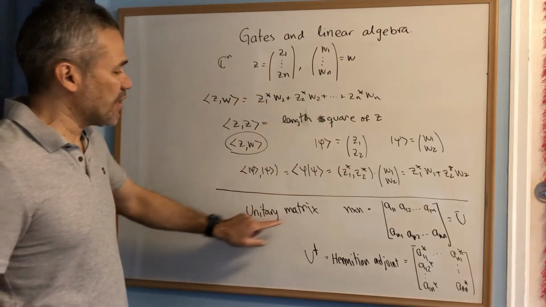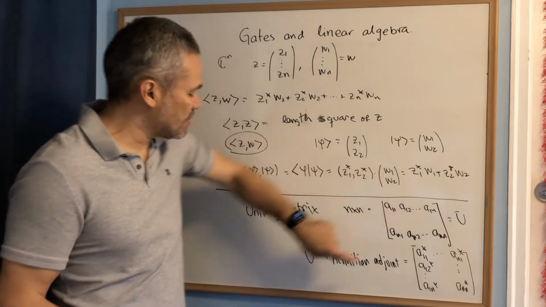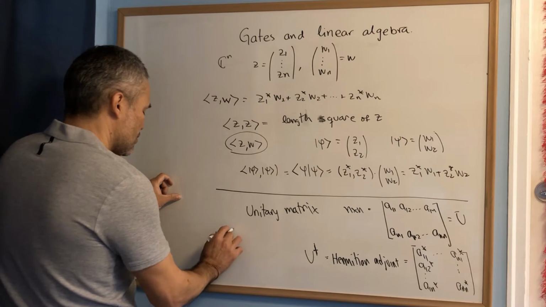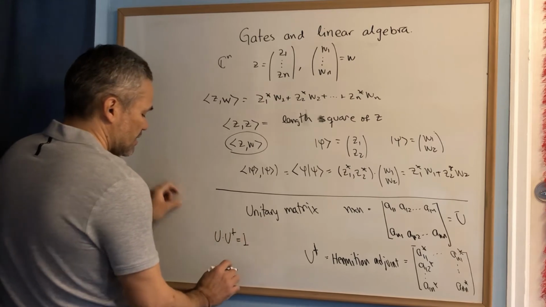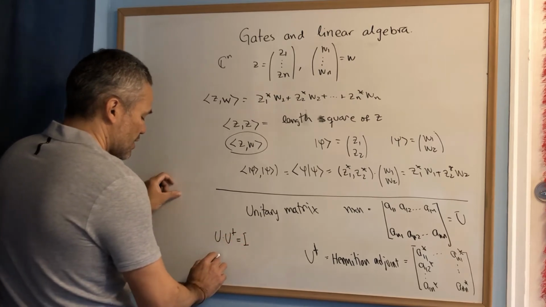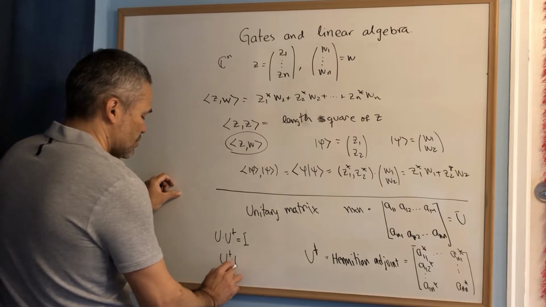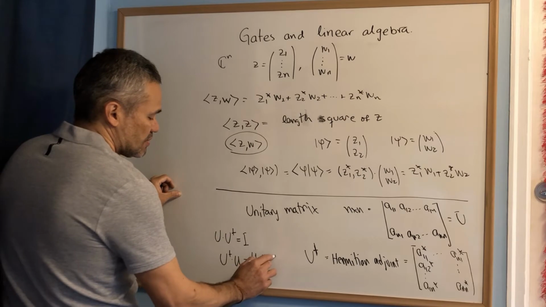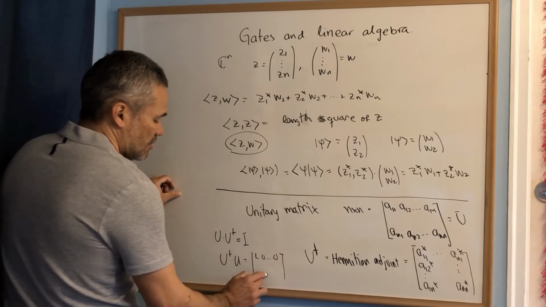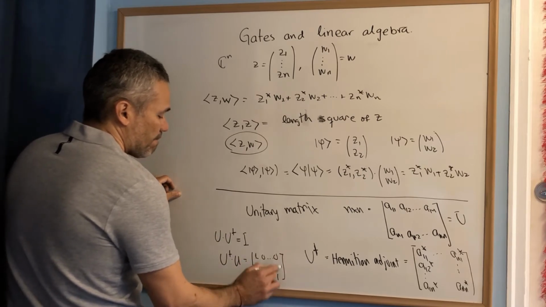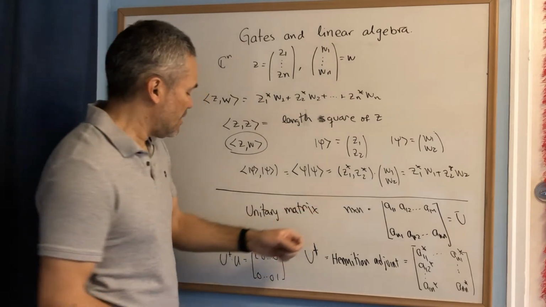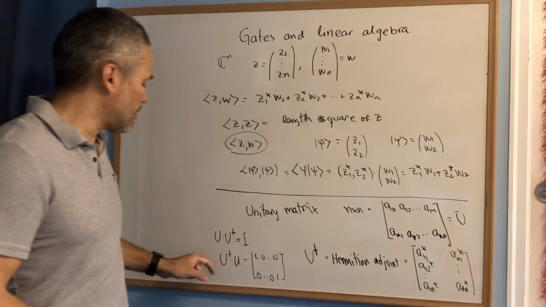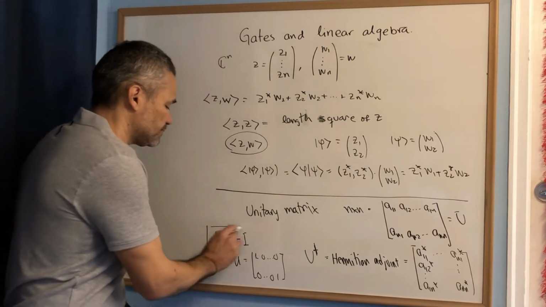And a matrix U is a unitary matrix if we have that U times U dagger is equal to the identity. We can check that if this is true, then U dagger times U is also equal to the identity matrix 1, 0, 0, 0, and 0, 0, 1. This is the property for a matrix to be a unitary matrix.